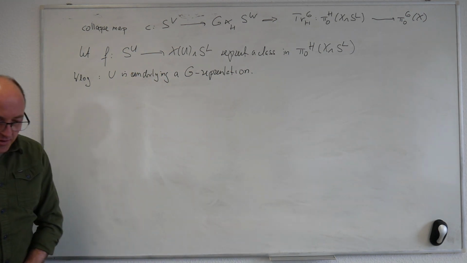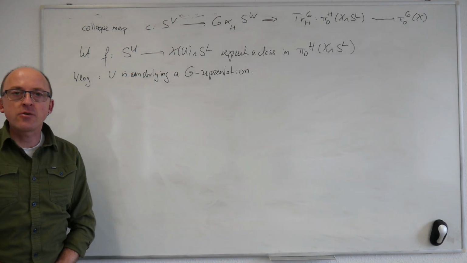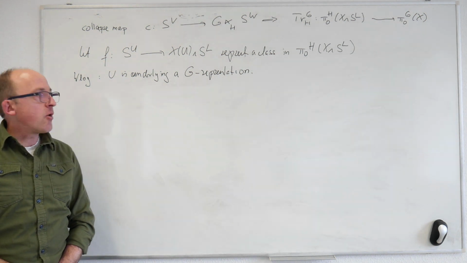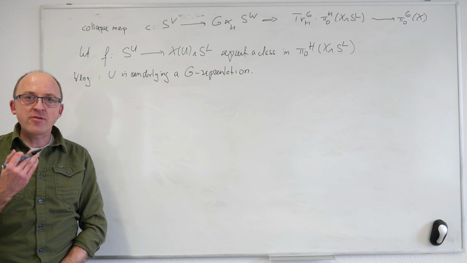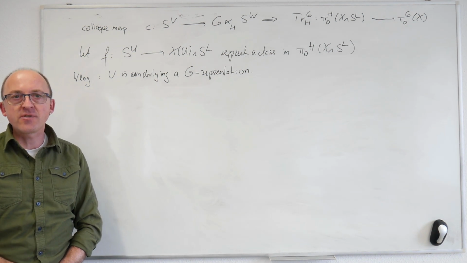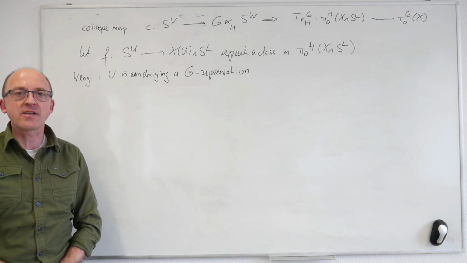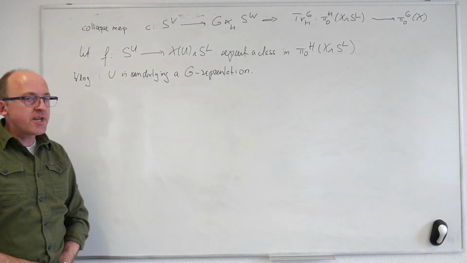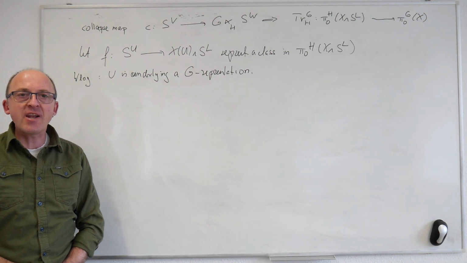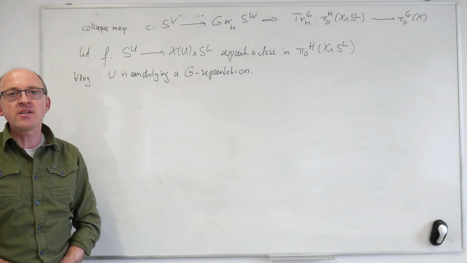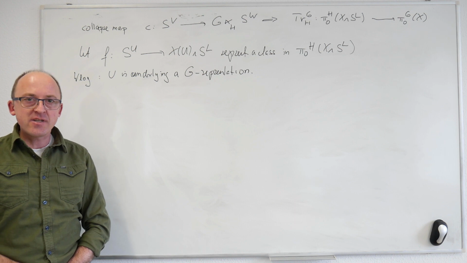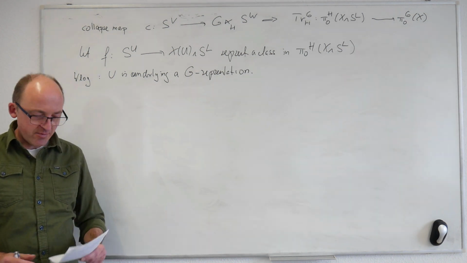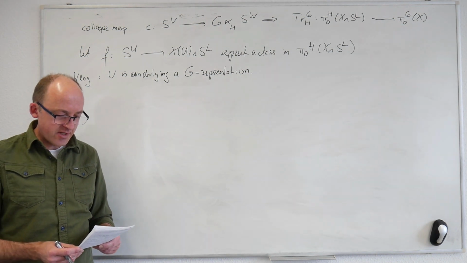It is of course not true that an H representation is always underlying a G representation. Some H actions simply don't extend. However, I can always embed every given H representation into a representation that's restricted from G. That's again a consequence of the Peter-Weyl theorem. So I might have to change the representative for this class by stabilizing it with some other H representation. But after stabilizing the representative, if necessary, I can assume that U is coming from a G representation, and I will assume this now.